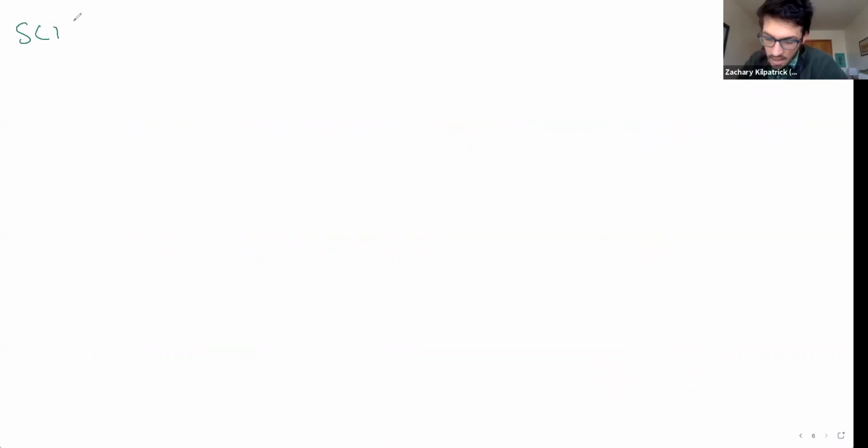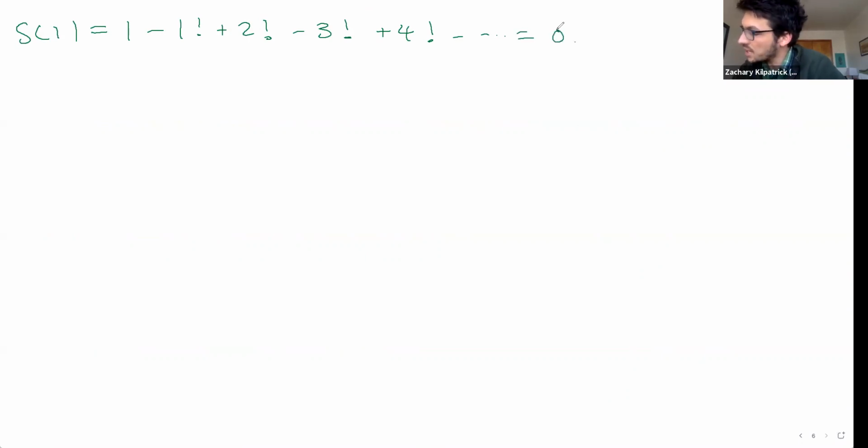So s of 1 equals 1 minus 1 factorial plus 2 factorial minus 3 factorial plus 4 factorial. If I evaluate that integral, I get the relationship that this is 0.596347.